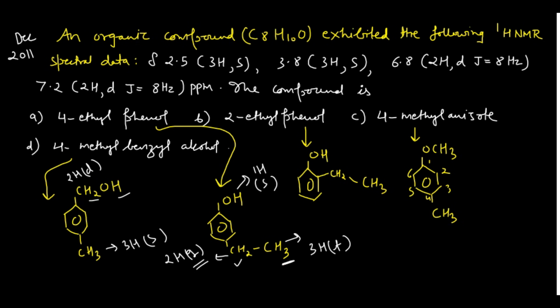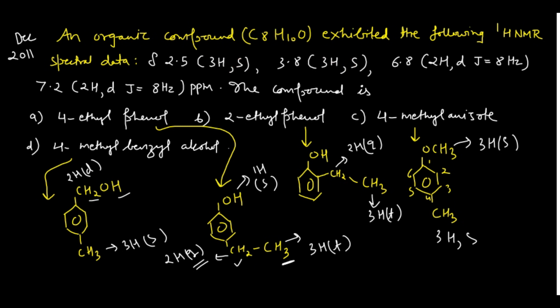Now coming to this one, this will give you a 3 proton triplet, and this will give you a 2 proton quartet, and this will give you a 3 proton singlet, and this will also give you a 3 proton singlet. Now let's check 3 proton singlet and 3 proton singlet.